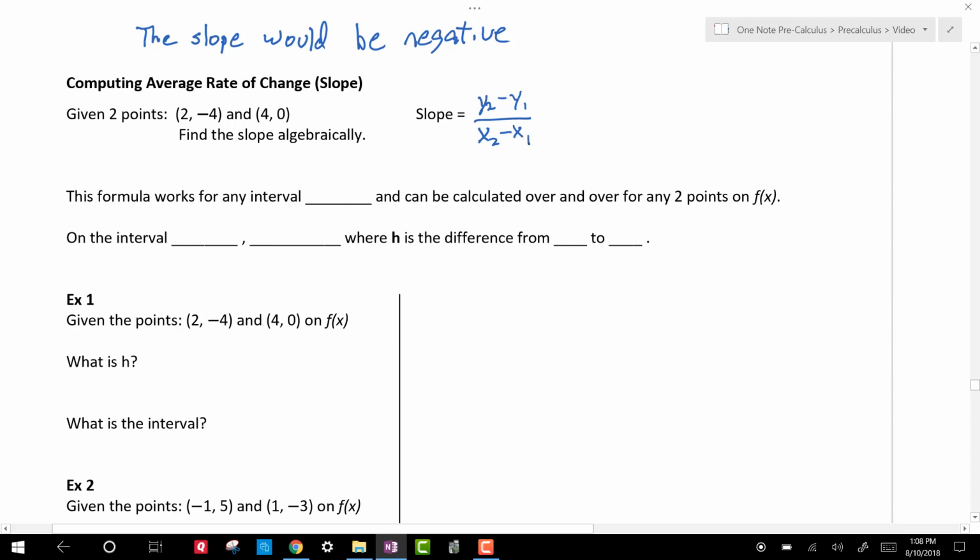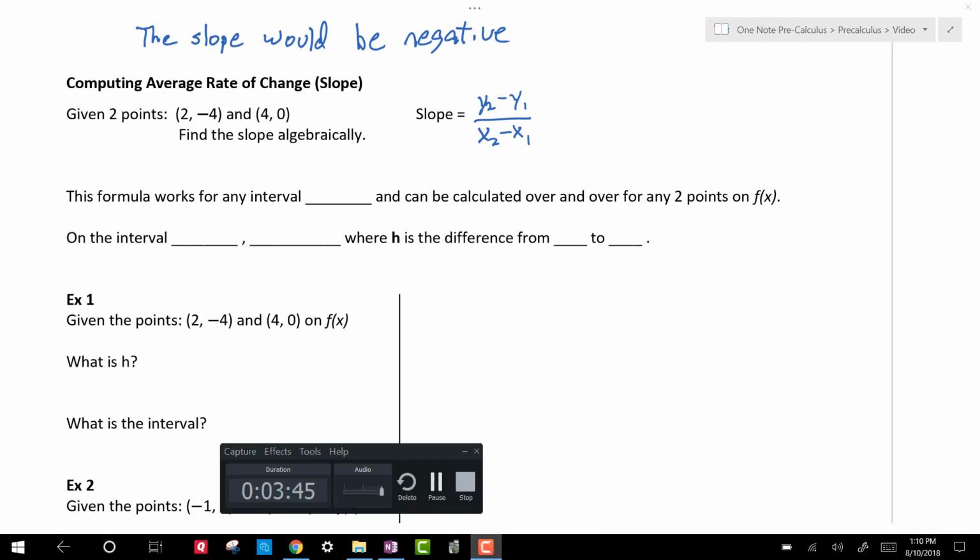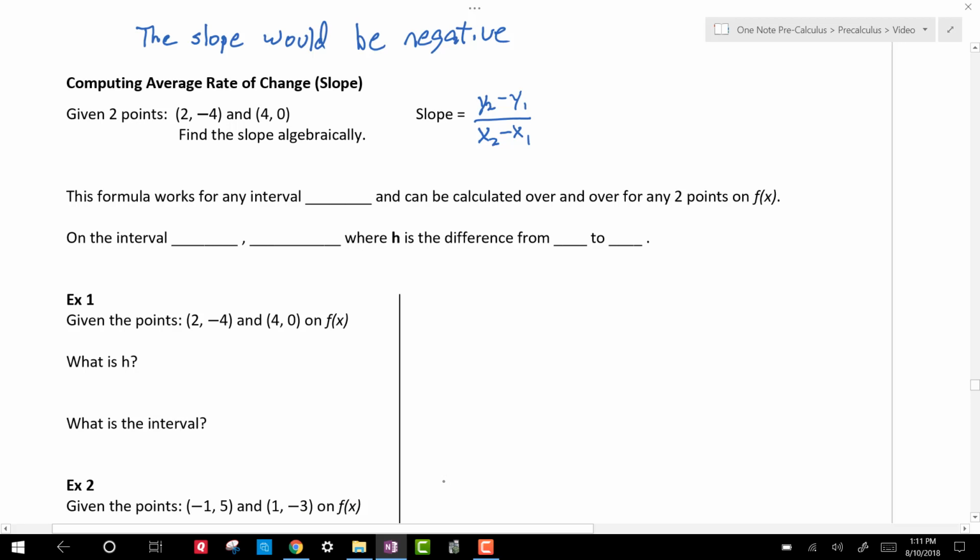And the x2 and the y2 really don't matter, so I'm just going to take them in the order shown here. This would be 0 minus -4 over 4 minus 2. And we would end up with 0 plus 4, which is 4 over 2, and we would still get a slope of 2.